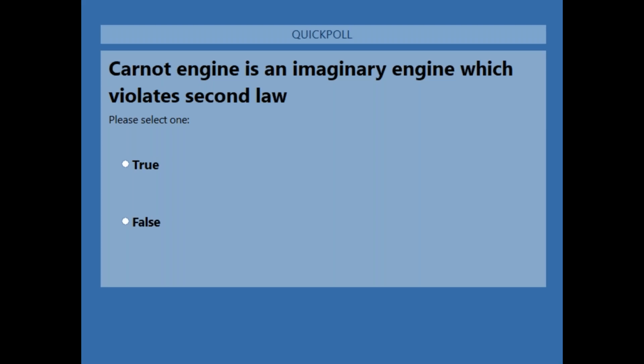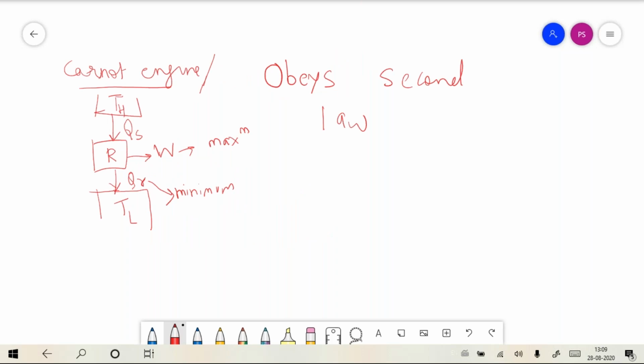So the answer is that the Carnot engine is an imaginary engine which does not violate the second law.